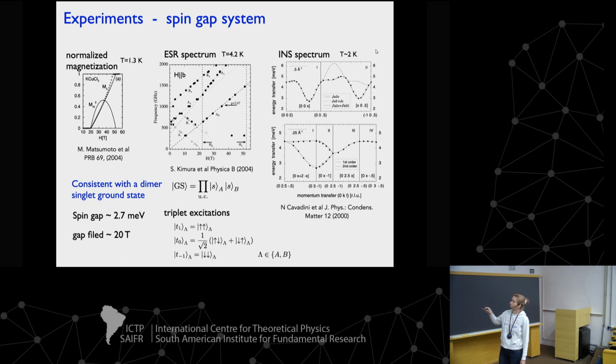In the ESR spectrum we see the spin gap, very similar to strontium copper borate, and the same spin gap is present in the inelastic neutron scattering. That's all consistent with a dimer singlet ground state and triplet excitations. So this is our starting point. As I said, this model, when these measurements were done 20 years ago, was investigated with a Heisenberg Hamiltonian.